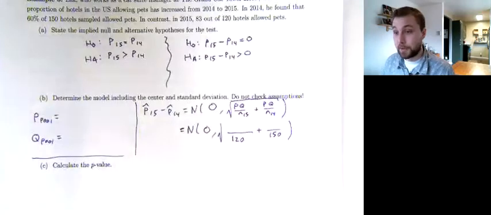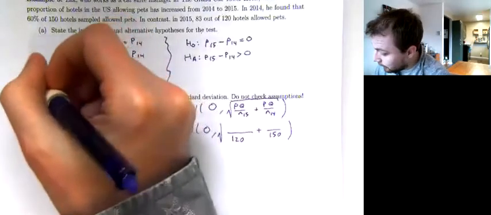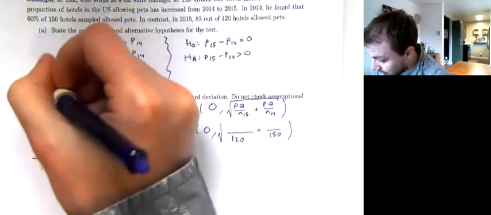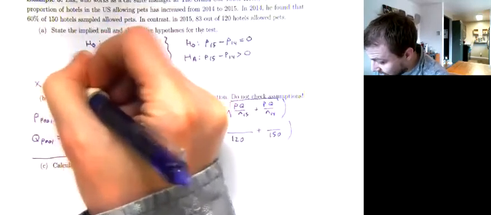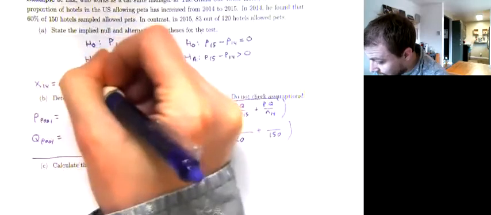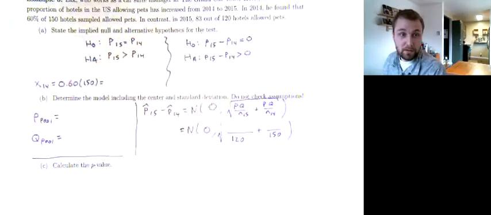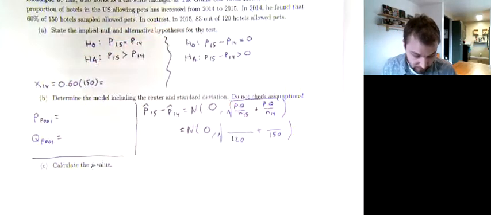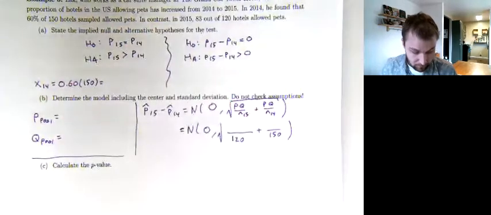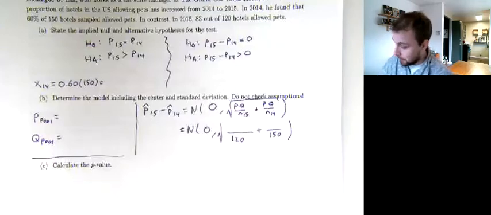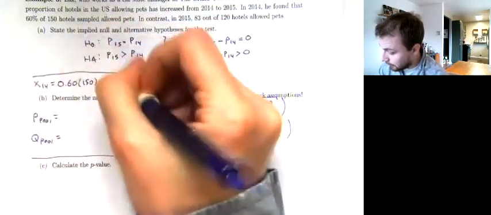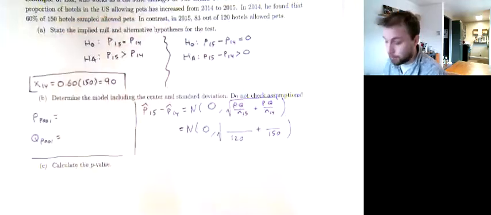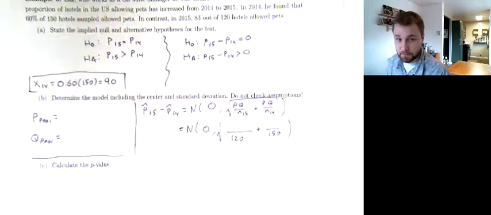Okay, I'm going to do a tiny bit of scratch work. The number of successes in 2014 is 60%, 0.60, of 150. So if I multiply 60% times that 150, I get 90 hotels in 2014 that I sampled allowed cats.